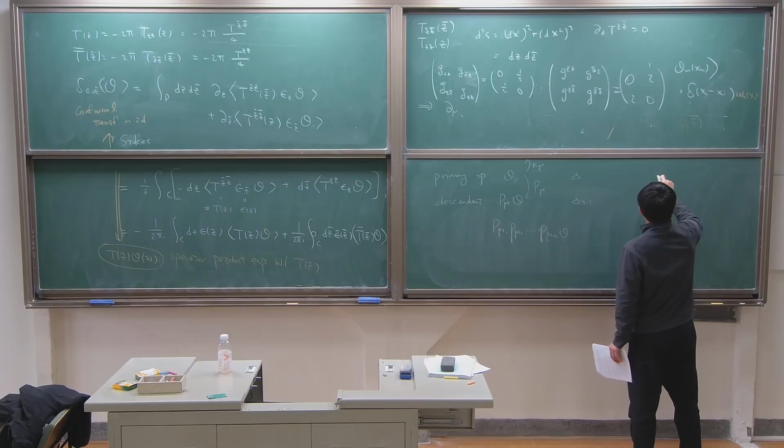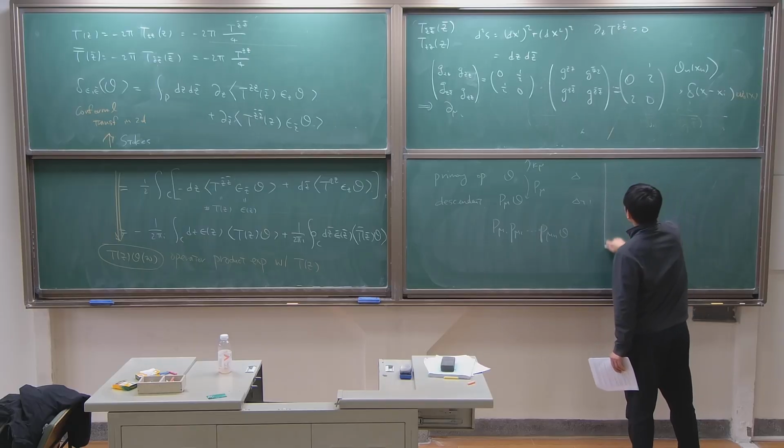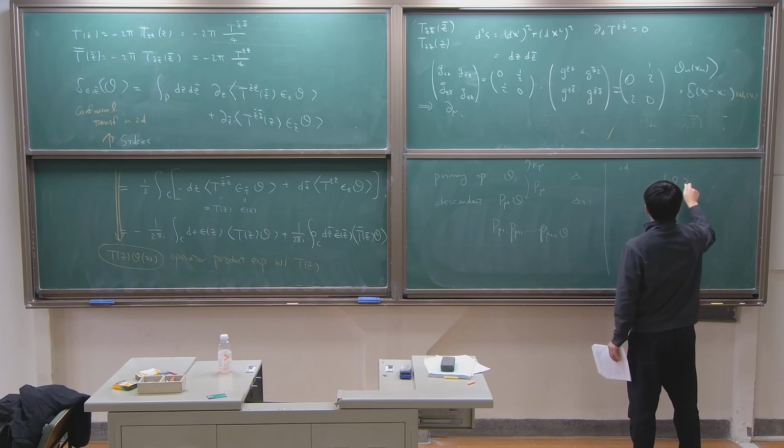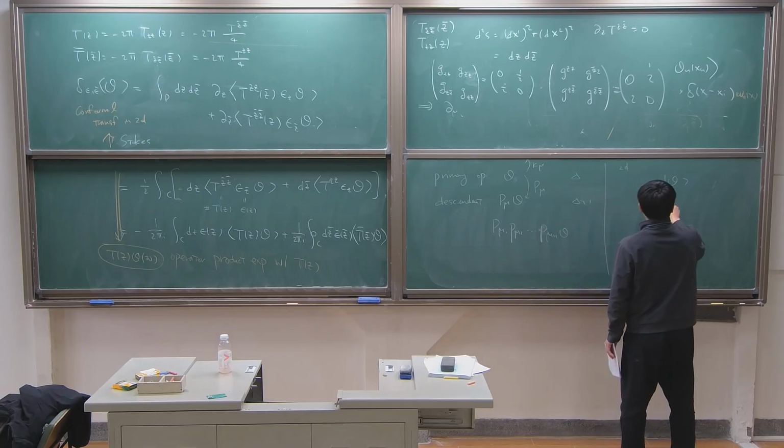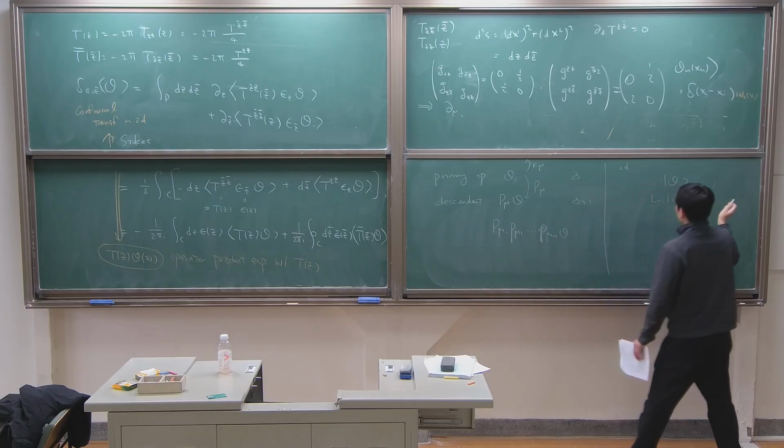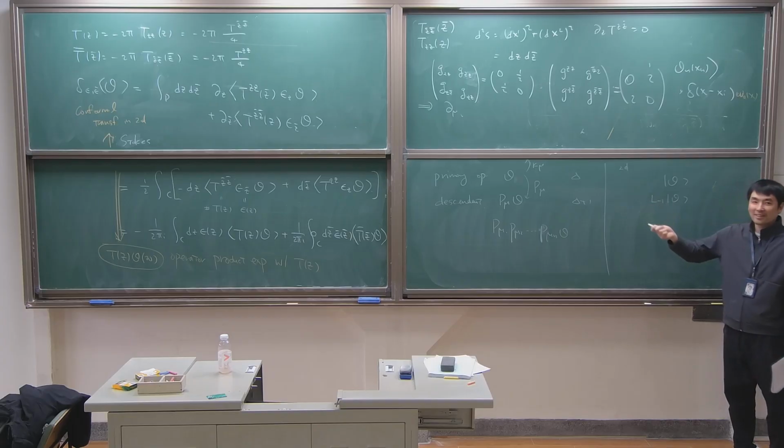So for the operator O in 2D, or state O here, if L minus 1 acts on O, it gives this.